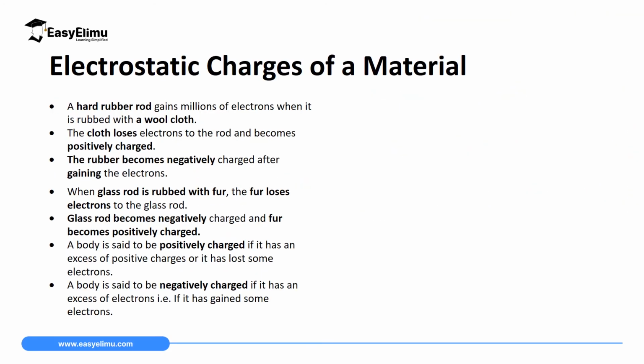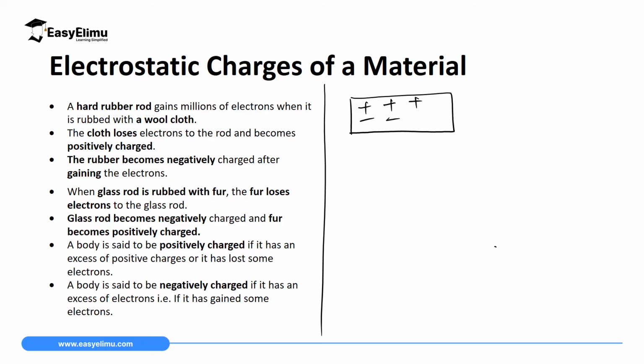Now, since atoms are very small and we cannot see them, let's move to large materials which we can see and easily observe. If we have rubber, remember, it is a solid and it's an example of matter. So it has small particles which we call atoms, and these atoms are electrically neutral.